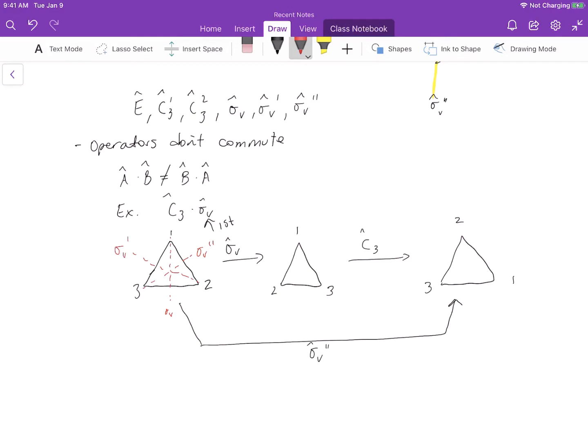And so what this means is that this is also in the group. So we know that sigma v, then C3, equals sigma v double prime.